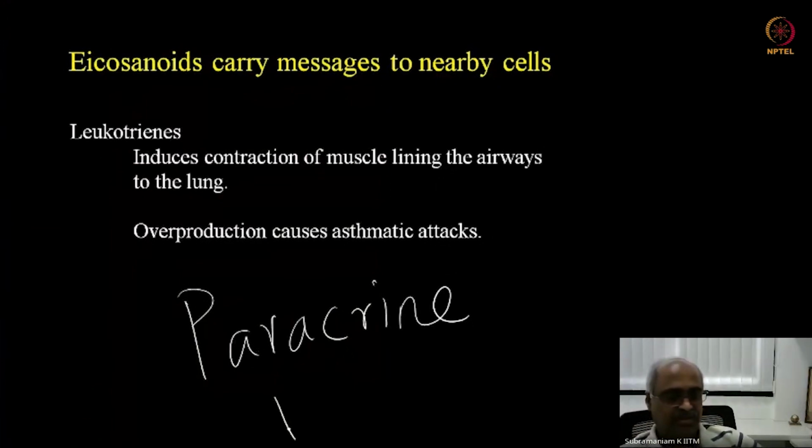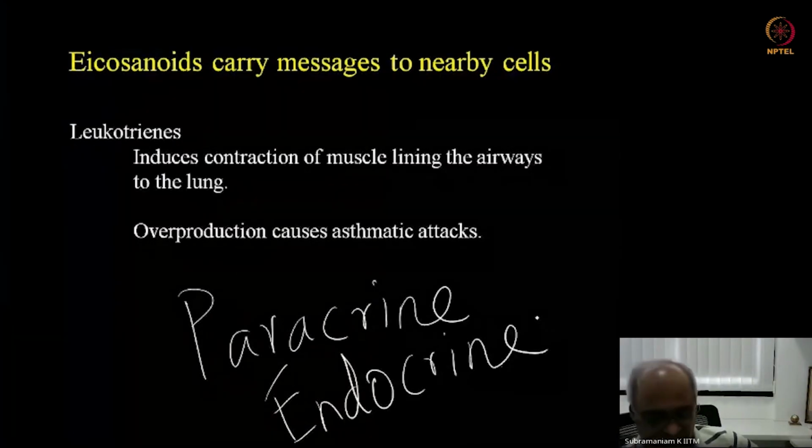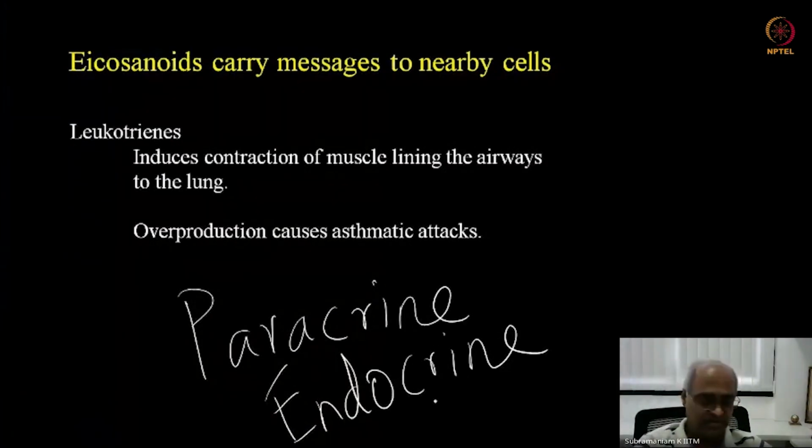So we will learn probably a little bit about insulin later, and otherwise we are not learning endocrinology as part of biochemistry. So the paracrine molecules work nearby the area where they are produced. So these eicosanoids are paracrine signals.